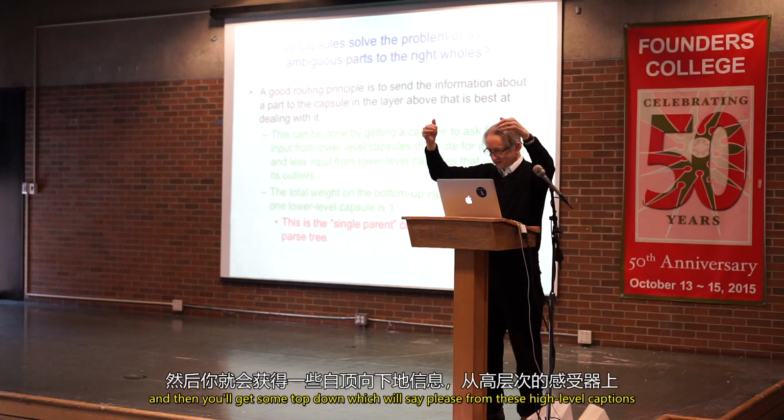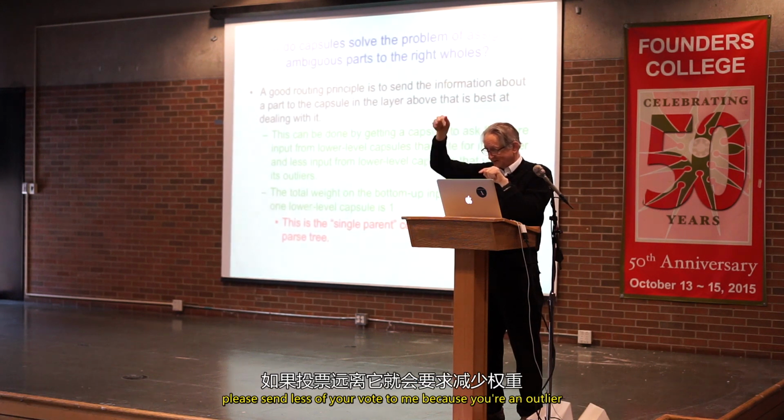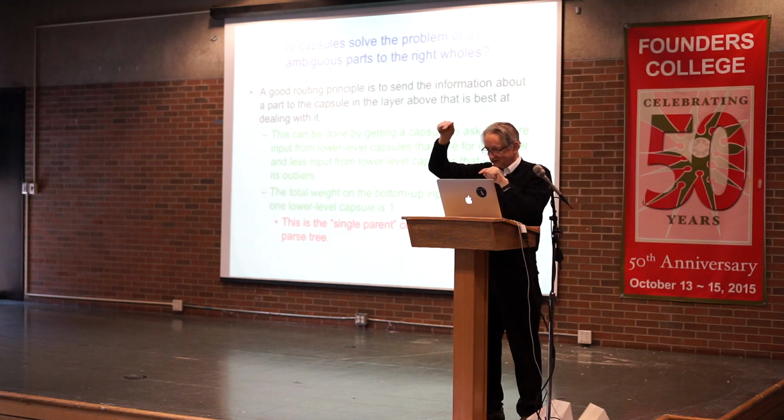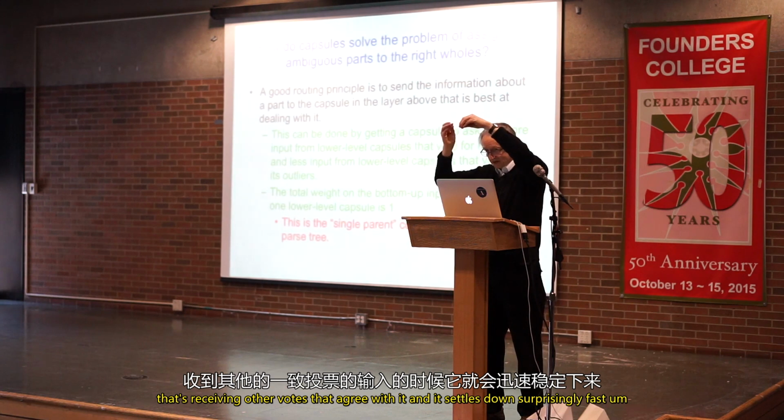And then you'll get some top-down feedback from the high-level capsules, saying, please send more of your vote to me because you agree with my cluster, or please send less of your vote to me because you're an outlier. We can do a few iterations of that. We actually do 3 iterations. And the system will quickly settle down to sending the vote from a part to a capsule that's receiving other votes that agree with it. It settles down surprisingly fast.